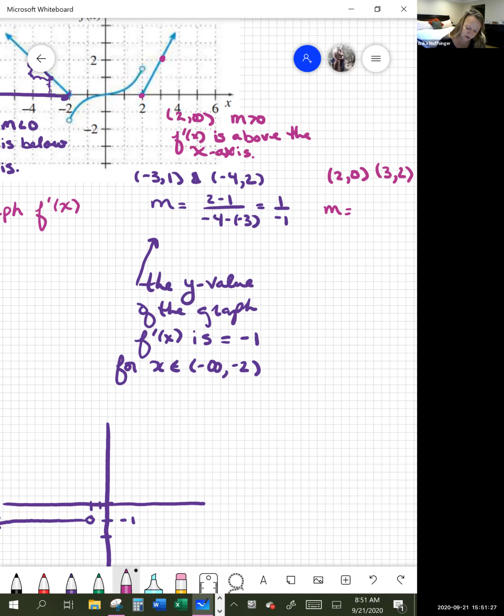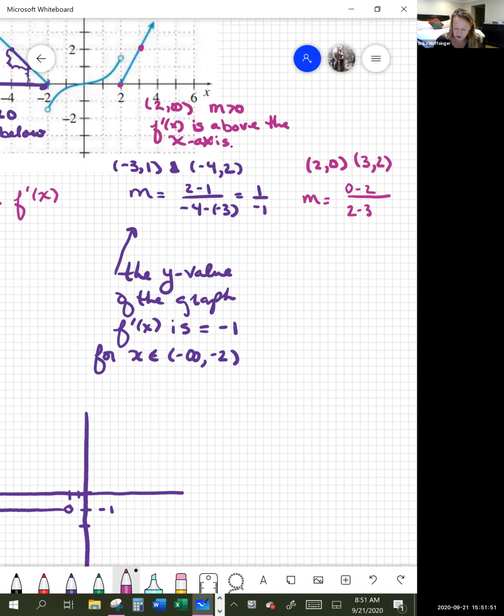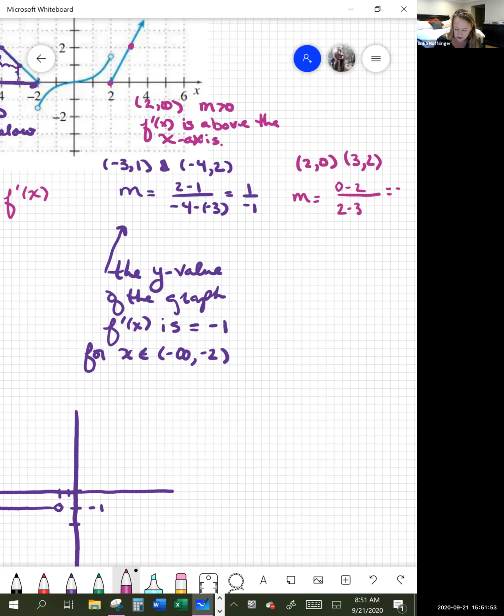I can plug in the formula, or I can say, oh, it looks like I'm rising 2, running over 1. So 0 minus 2 all over 2 minus 3. I knew something was wrong. So I get -2 all over -1, which was 2.